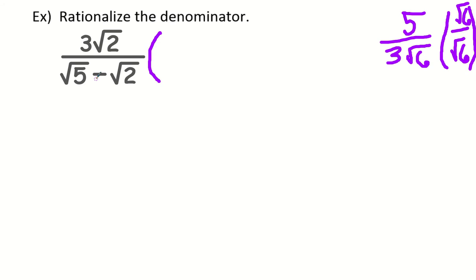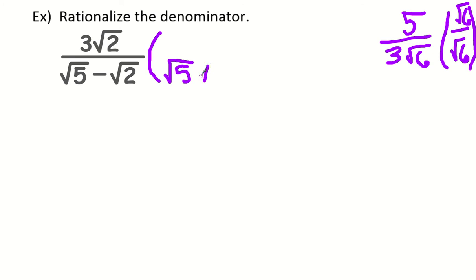So, long story short, if you have a denominator like this, where there's 2 terms, and you have to rationalize it, what you're going to multiply by is what's called the conjugate. All right? So multiplying the bottom by root 5 minus root 2, just trust me on this, that's not going to get the job done.